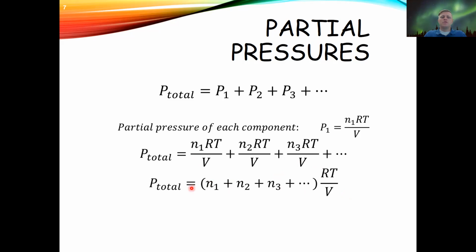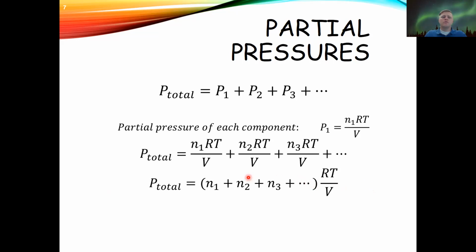So we can pull all the moles out and say that our total pressure is equal to the number of moles of gas 1 plus the number of moles of gas 2 plus the number of moles of gas 3 times RT over V. So we only have to plug this part into our calculator a single time.